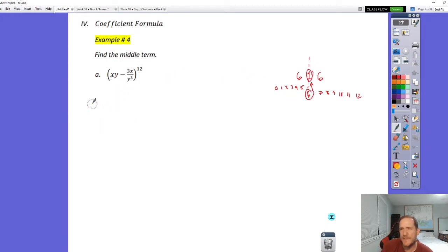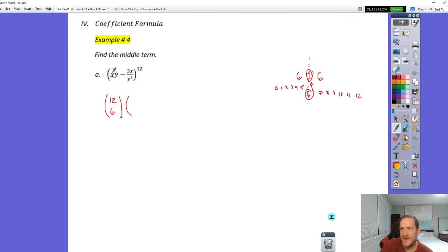So why do I say all that? Well, because we know we need our binomial coefficient, which will be 12 choose, not 7. 7 will not be the middle one. 6 is the middle one, because that's the 7th thing when you start counting from 0. And I know that's weird. I hate that, but it's the way it is.